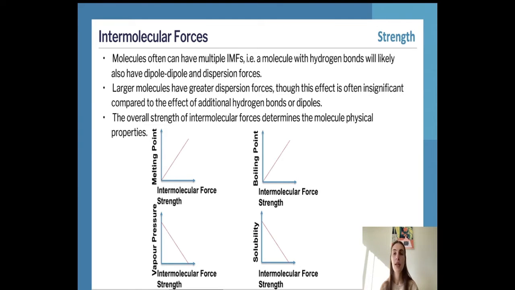This is because in order to melt a molecule, you have to separate the intermolecular forces between the individual molecules. This is what allows it to go from solid. You then separate all those intermolecular forces and the molecules are able to spread out, thus melting.